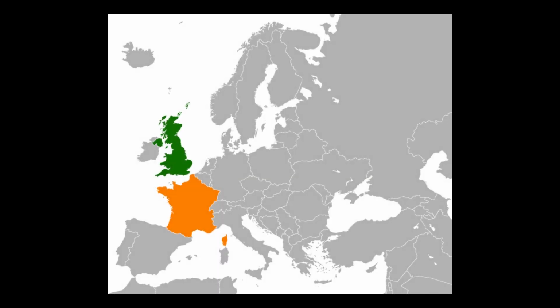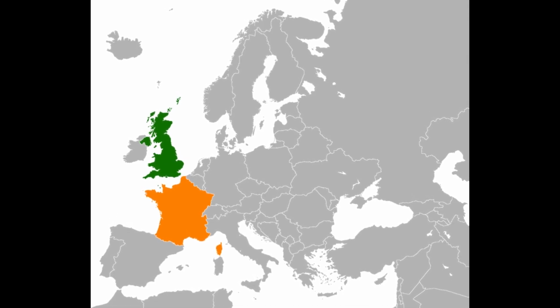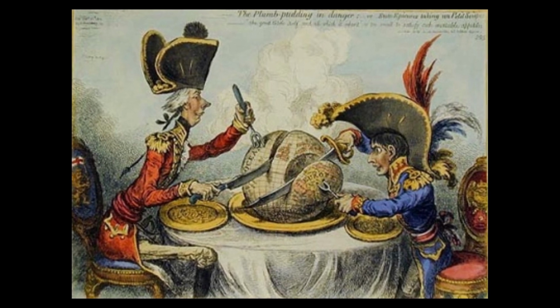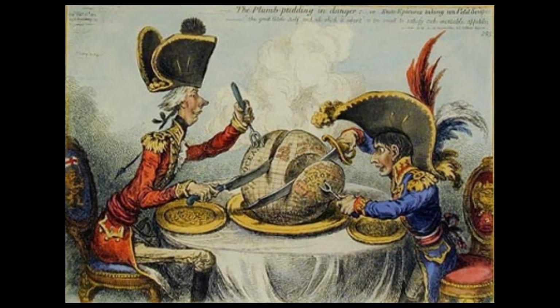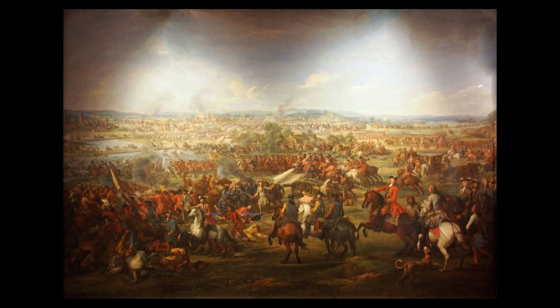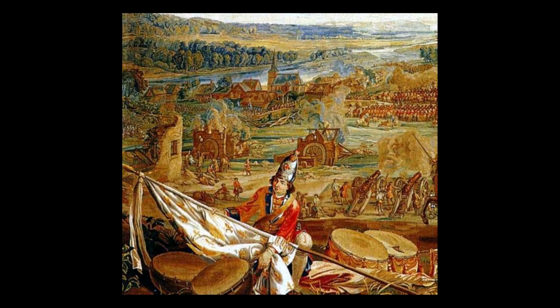The relationship between England and France during the 18th century was defined by conflict and competition. As major European powers, they often found themselves engaged in geopolitical rivalries that significantly influenced European history. At the start of the century, England and France were bitter adversaries and frequently found themselves on opposing sides in various wars.